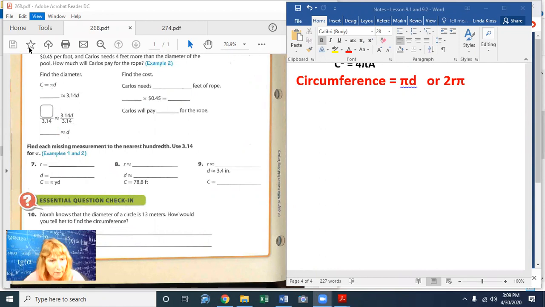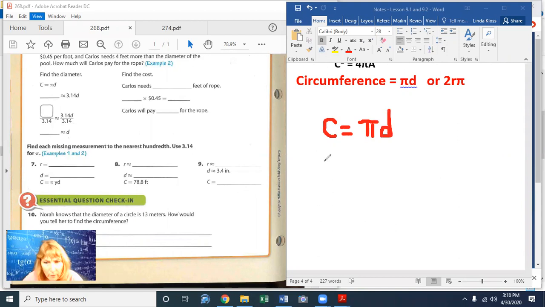They give you the circumference. They are not giving you the radius, not giving you the diameter. Find each missing measure. We know that circumference is equal to, if it's diameter, pi times d.